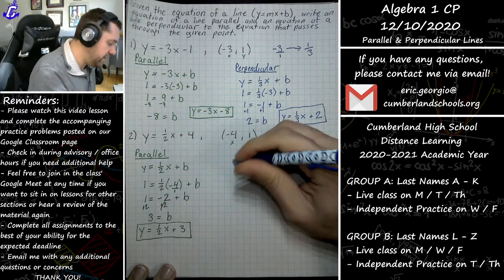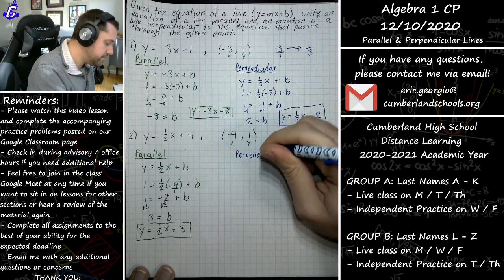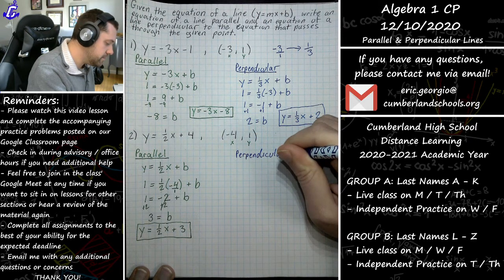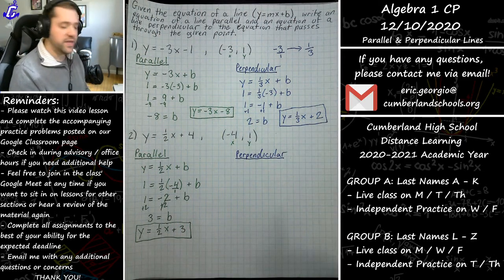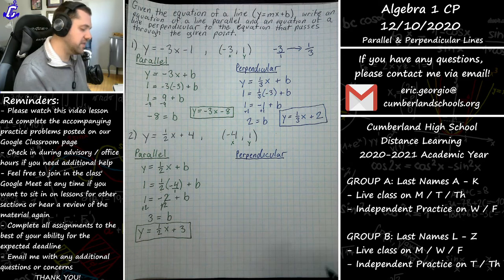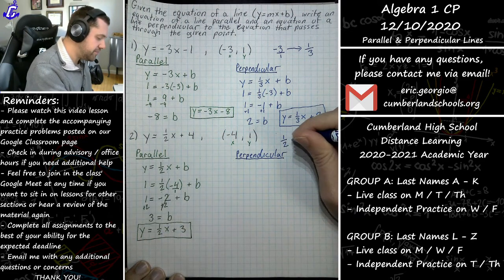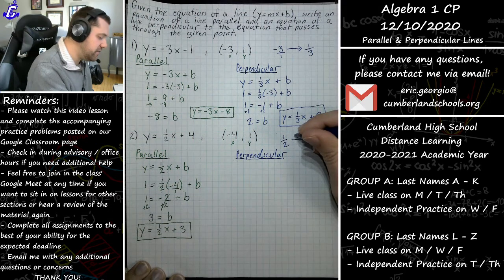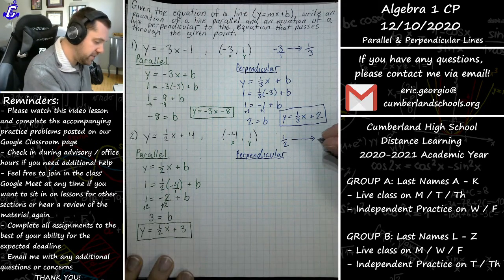Last but most certainly not least, let's handle perpendicular. Again, to find something that's perpendicular, you would need an opposite reciprocal slope. So if our starting slope is 1/2, the opposite reciprocal, we're going to switch the positive to a negative, so it's going to be negative.